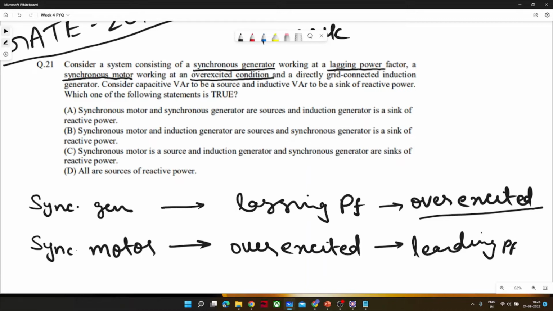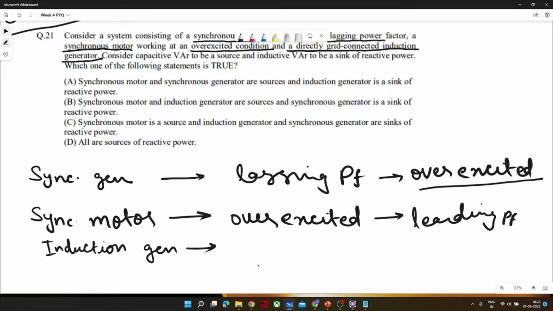And now a directly grid connected induction generator. So three machines they tested at once. An induction generator cannot be overexcited because it consumes a lot of reactive power.